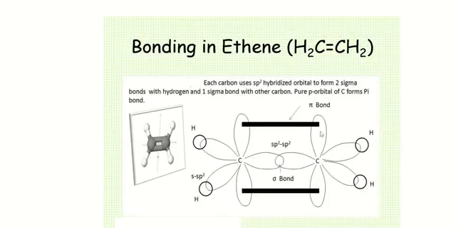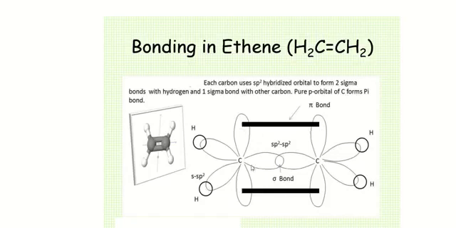Here we can see the example of ethene, in which each carbon has 3 sigma bonds because of 3 sp2 hybridized orbitals. This is the first, this is the second, and this is the third sp2 hybridized orbital, while the fourth electron in the 2pz orbital will make a pi bond.